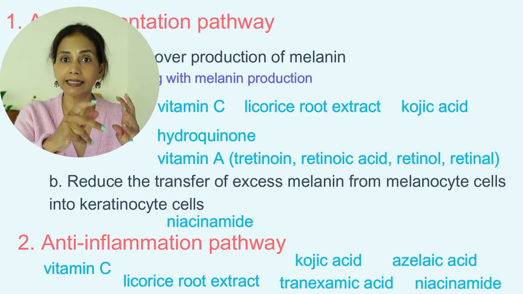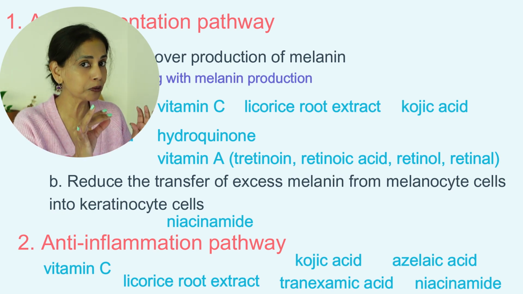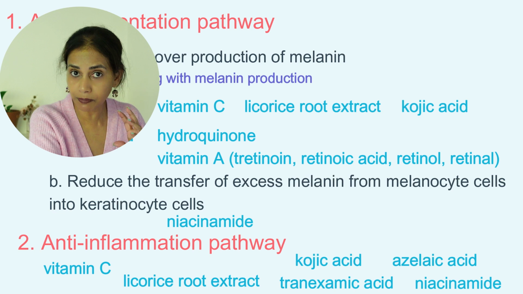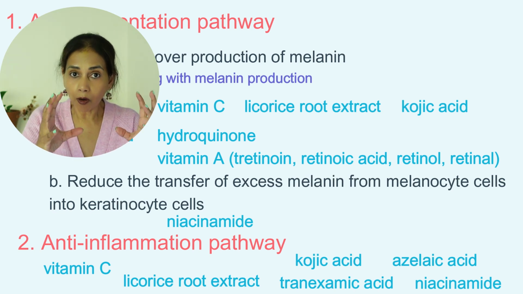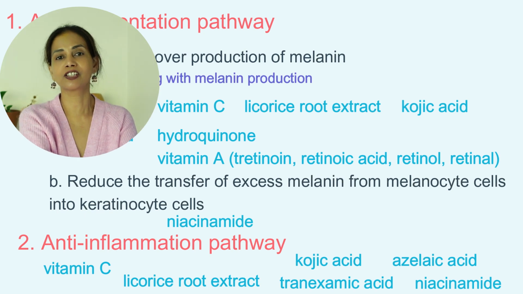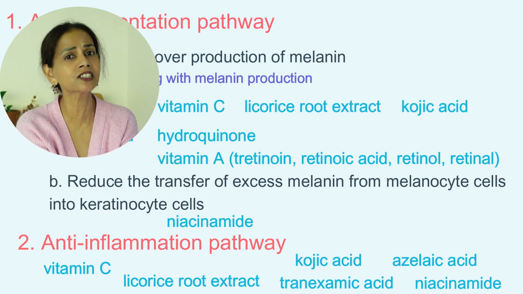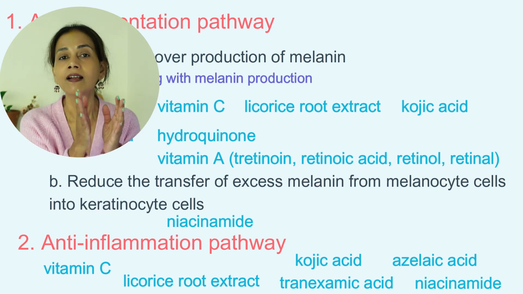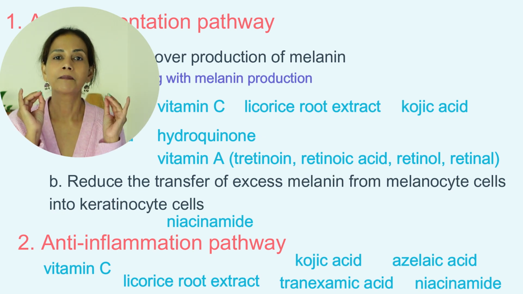So the melanin that gets produced in melanocytes has to be distributed to keratinocyte cells. Now what niacinamide does is it reduces the transfer of this melanin to keratinocyte cells. If excess melanin doesn't reach the keratinocyte cells, it's going to reduce that pigmentation.